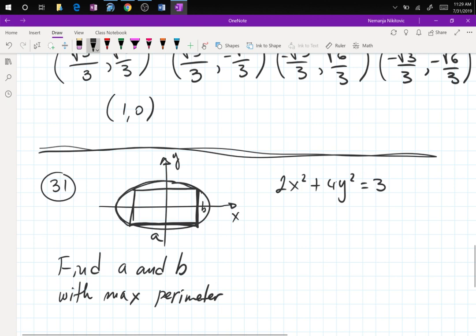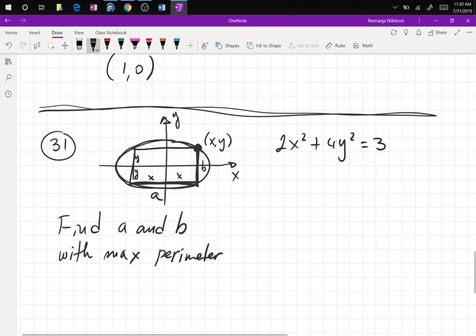To achieve that, we're going to take a look at a point here. Just call it (x, y). That's a point. Now, this length is x, this length is x, this length is y, this length is y. So our A is clearly 2x, and our B is 2y, when you look at the picture.